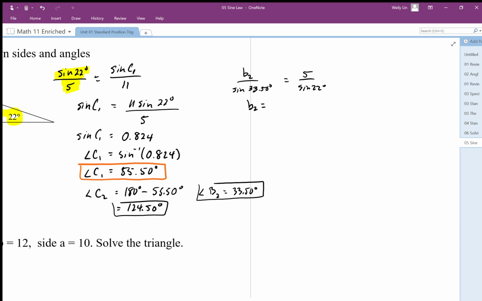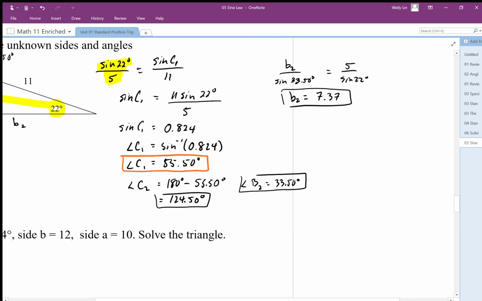So I'm going to do sine of that angle times 5 divided by sine of 22 degrees, and we end up with about 7.37. If you're off by a little bit, it's usually going to be due to rounding. So there are the three unknown parts of the triangle that I've solved for, and that's for the black triangle.